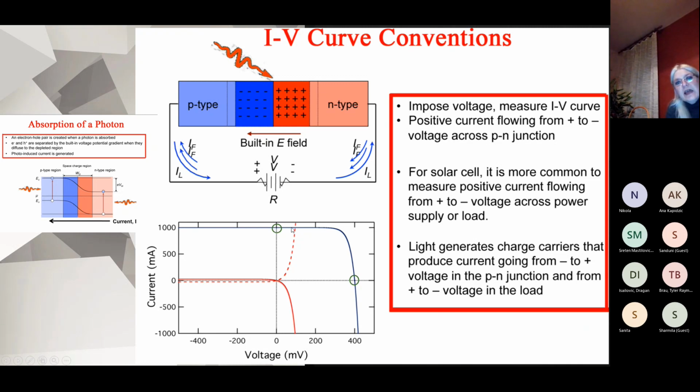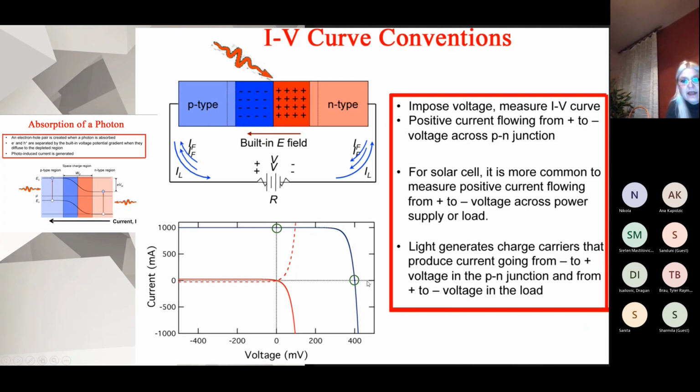The second: as we increase the voltage, in one point, when you reach a high enough voltage, your current will drop to zero, and at this point we get the maximum voltage of the solar cell. And this point we call the open circuit voltage.